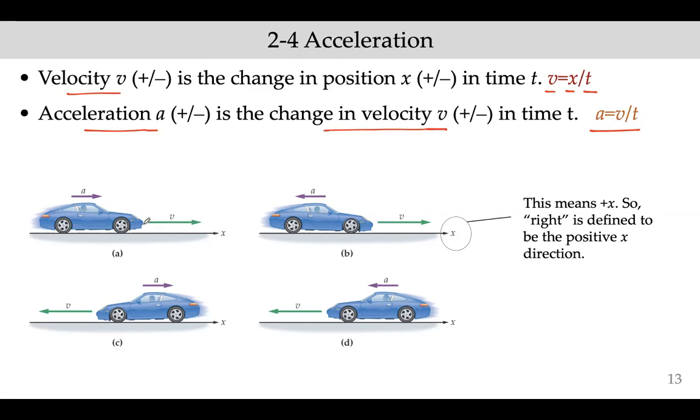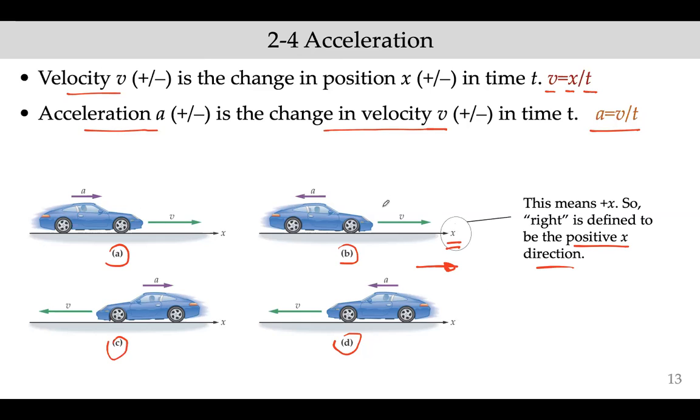So we are going to discuss what happens when the acceleration and velocity are in the same direction, like in A and B, and what happens when they're in opposite directions, like in B and C, in the next slide. But before that, we have to be careful. Whenever you see X on the right side, that means the direction to the right is defined to be the positive direction.